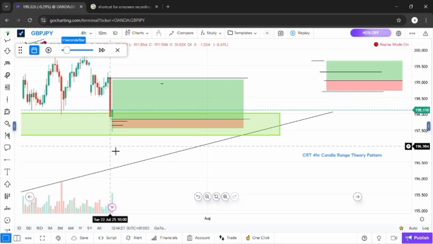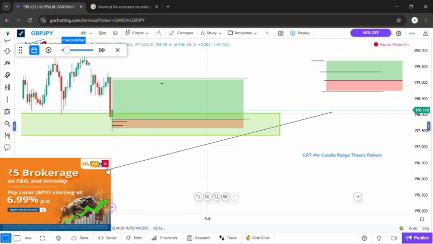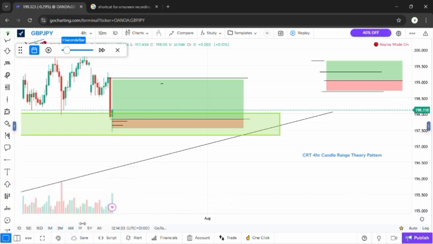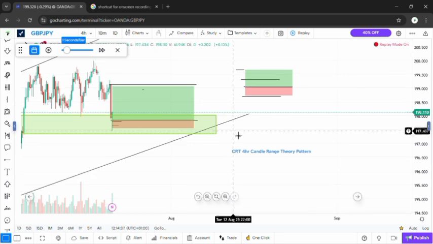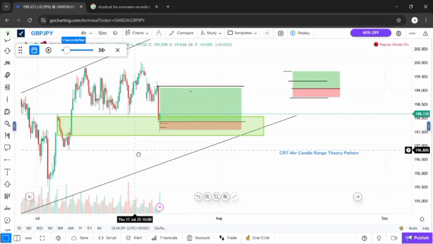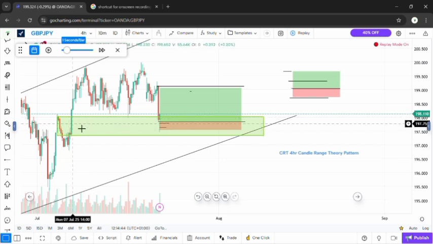And if you observe, it was forming at an area of value. This is what I mean. This area of value, this is a fair value gap, and it was forming inside this fair value gap.